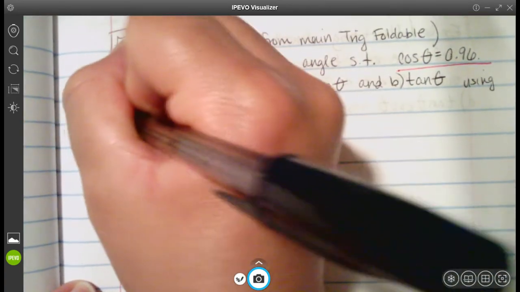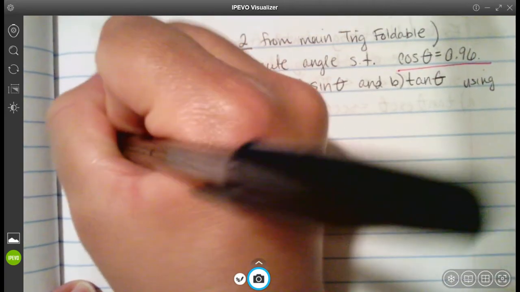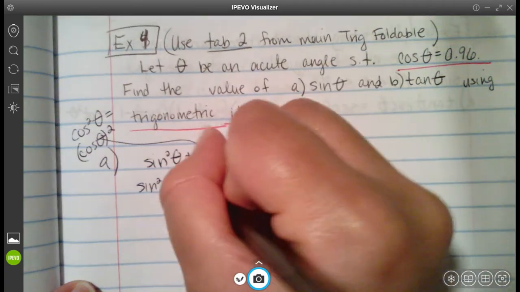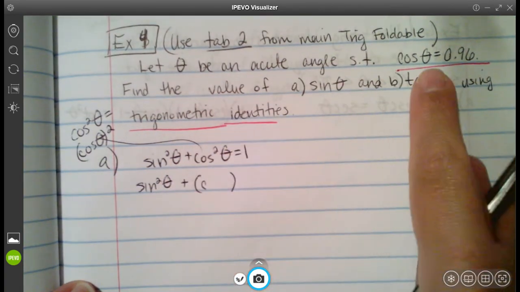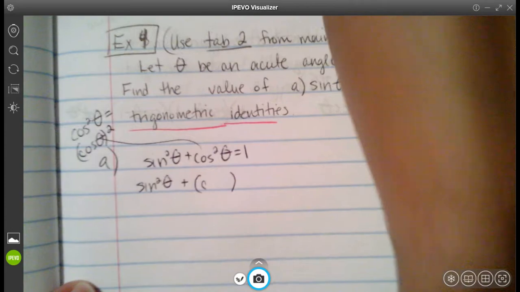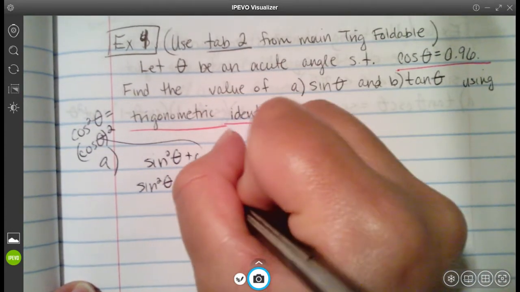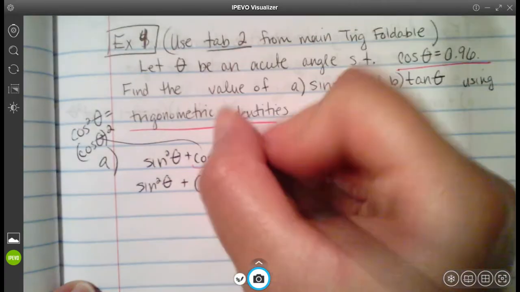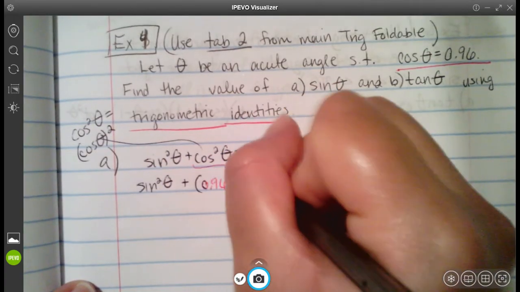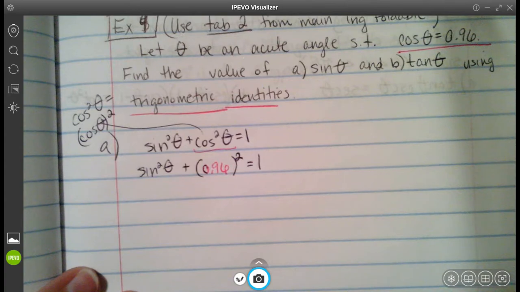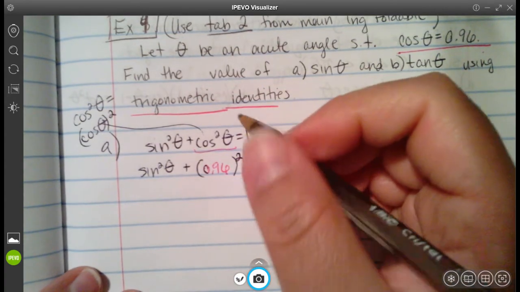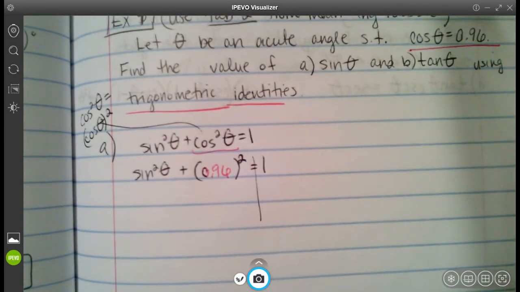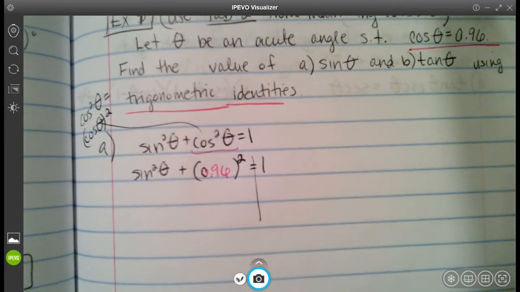Cosine square of theta is equal to cosine of theta squared. Okay, that's the same thing. So cosine of theta is equal to 0.96. So 0.96 is going to replace this part, but I still have to square it. So that square is still there, is equal to 1. And you're just going to solve it. Okay, so we're going to figure out what this is using a calculator, because I do not know what that is, squared.